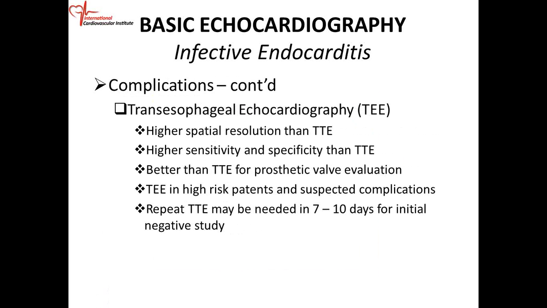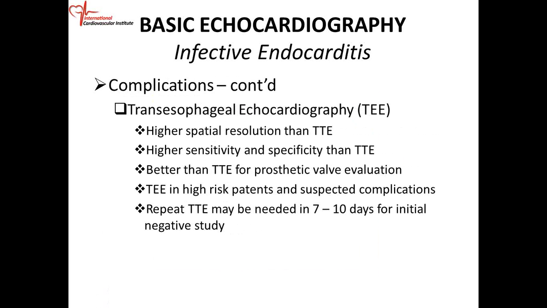It has a much higher spatial resolution than your transthoracic, higher sensitivity and specificity than your transthoracic. And in the evaluation of prosthetic valves, your transesophageal echo is better for that. So if you have high-risk patients and you suspect complications, it's best to go with your transesophageal echo.